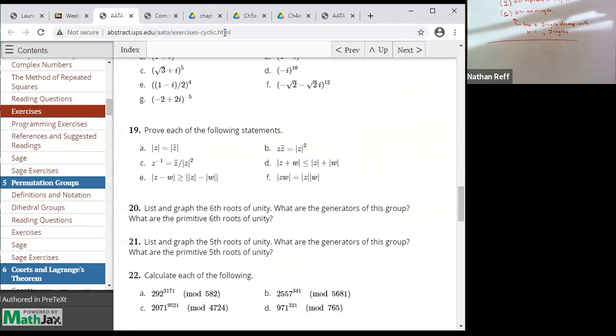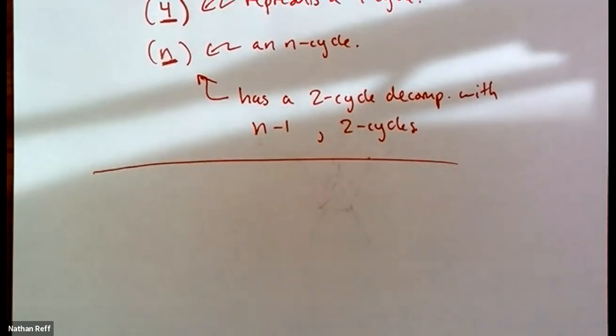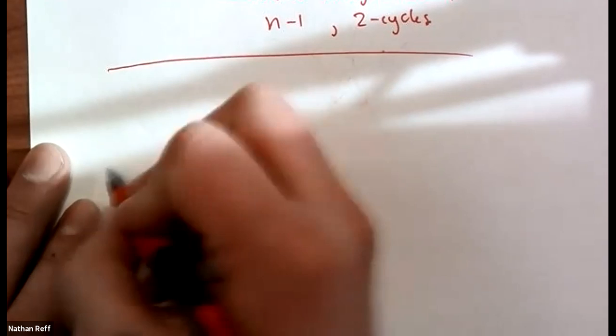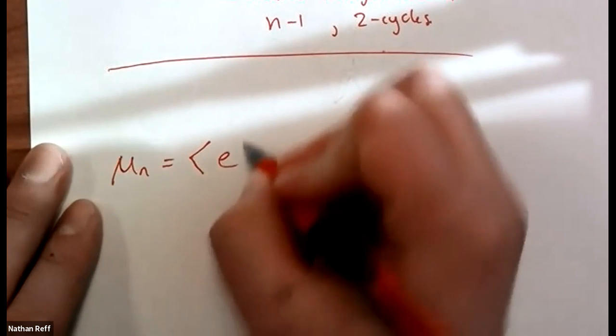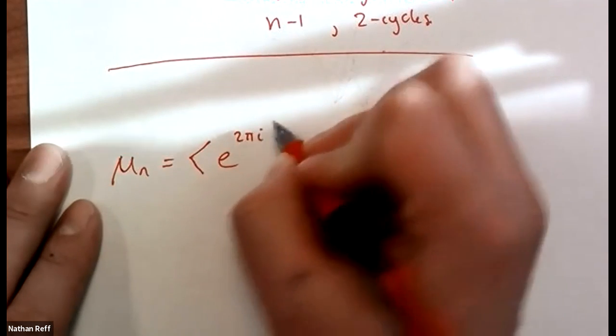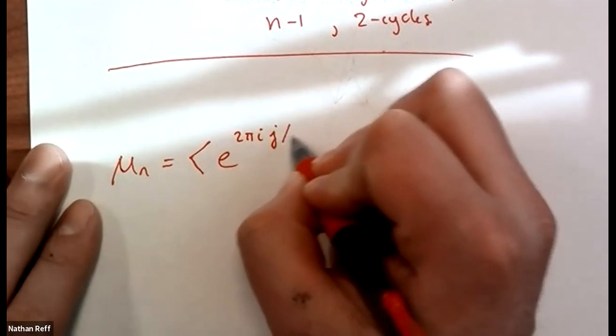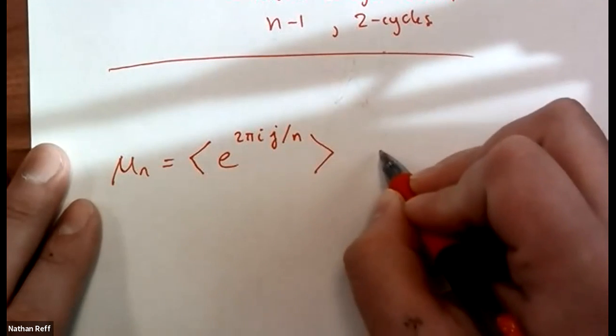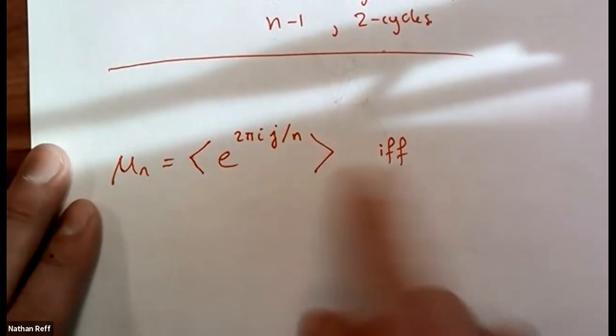Okay. They're the same as the primitive roots, the generators. It's the same as those. So for the sixth roots, remember mu n is generated by e to the 2 pi i j over n if and only if j and n are relatively prime.